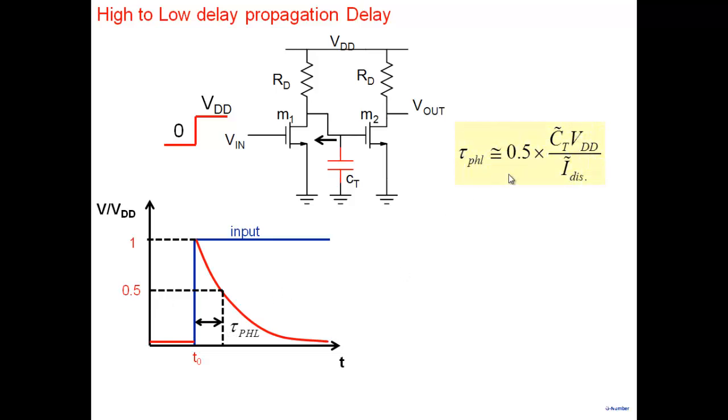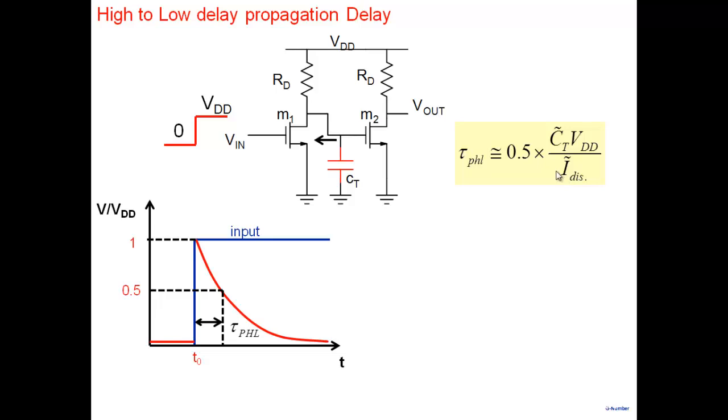Now can you see that I can write tau PHL according to the same approach. Again, it has to discharge by how much? 0.5 VDD. So 0.5 VDD CT, that's the amount of charge that I have to take out, divided by the average discharge current. Again, this current will vary with time, but I can define it as an average discharge current.